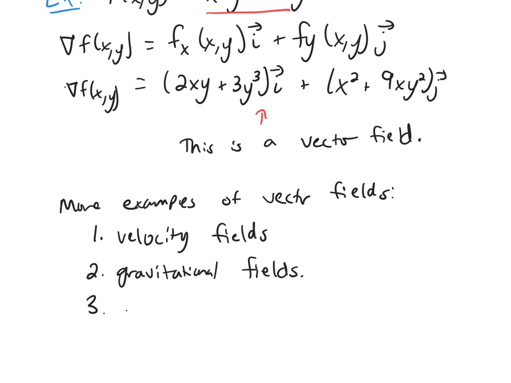And then third, I'd consider electric force fields. These are all examples of vector fields. To each point in space, you have a vector that corresponds to these objects: velocity, gravitation, and electric force.